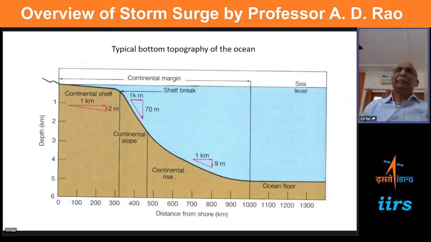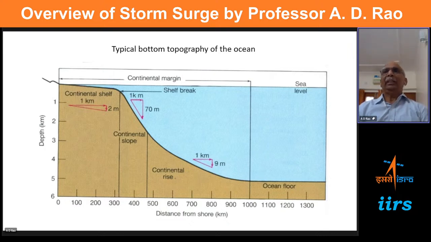Because as I said, storm surge is a long wave. It is the property of a long wave. When a long wave propagates from deep waters to shallow waters, the wavelength decreases and the wave height increases. That is the typical property of a long wave.